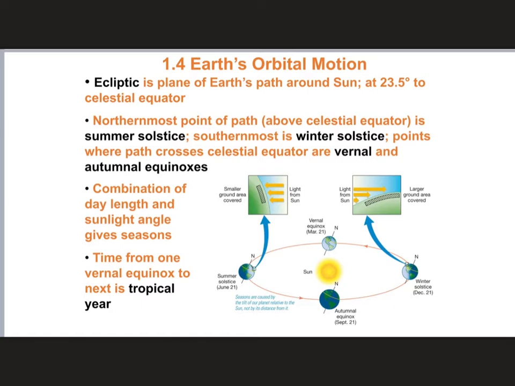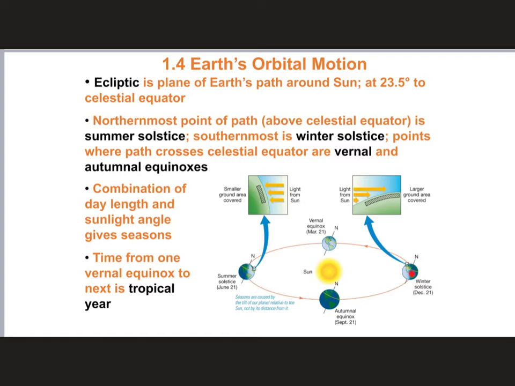And that is the summer solstice. You might remember that when it is summer in the northern hemisphere, it's actually winter in the southern hemisphere. You may have learned that in grade school. If not, that's true. So when it is summer here, it is winter in Australia, and vice versa.